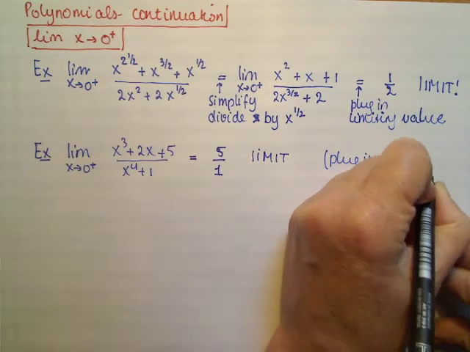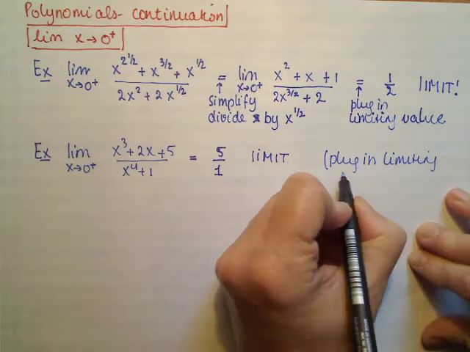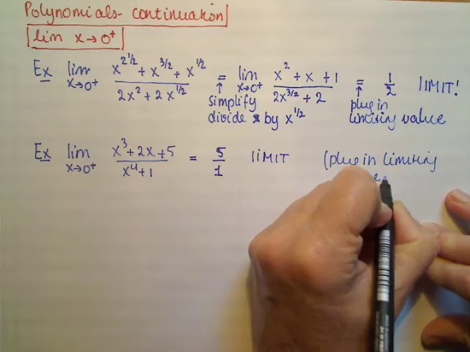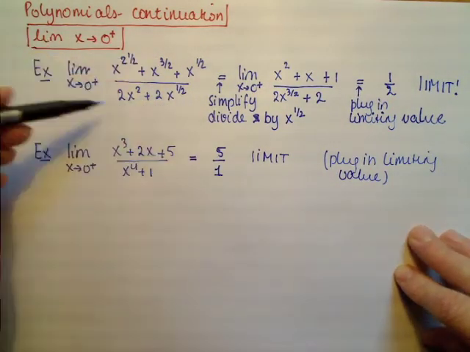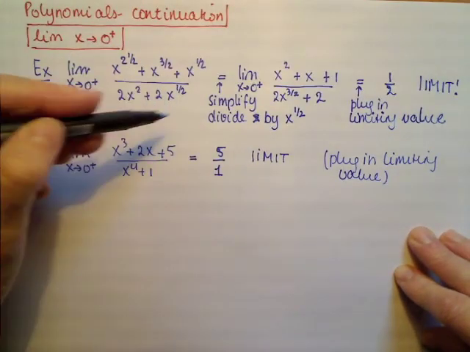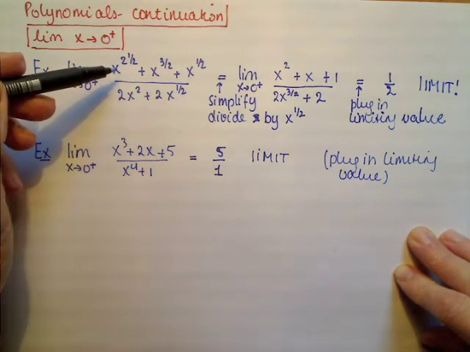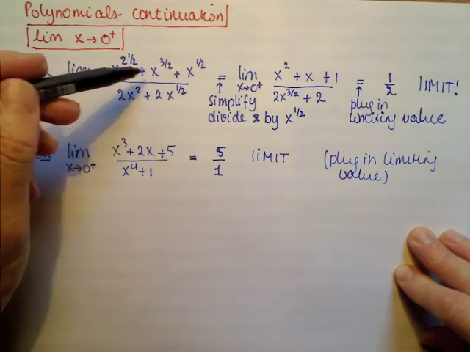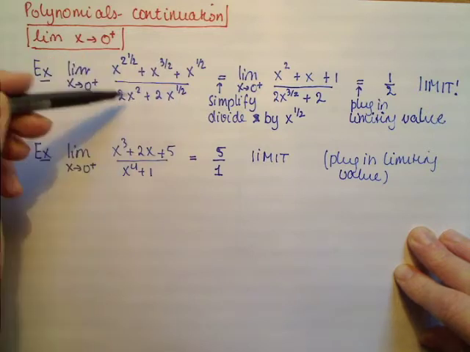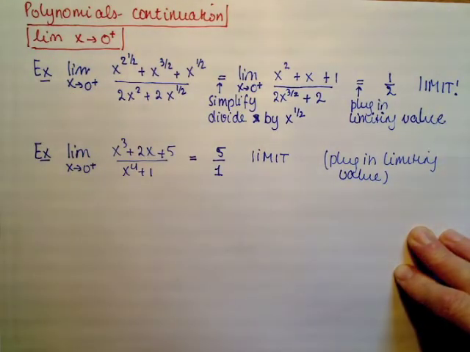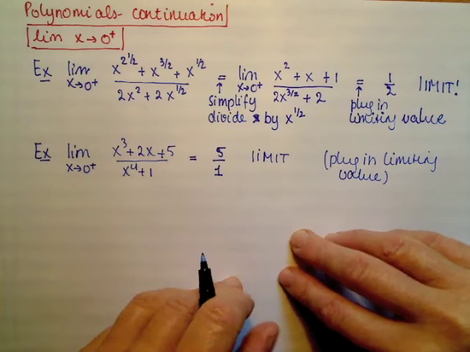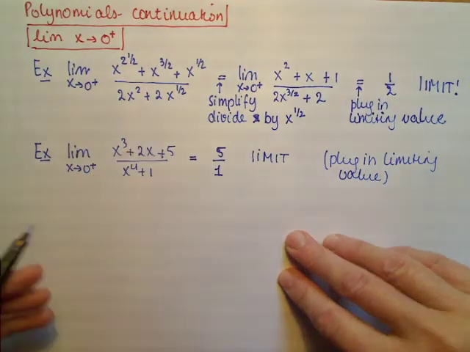Now, why do we have to cancel common terms? If you look back at the previous example, if we would have plugged in the limiting value in the non-simplified version, we would have got 0 divided by 0. So it's in fact to avoid that situation that we cancel the common terms.